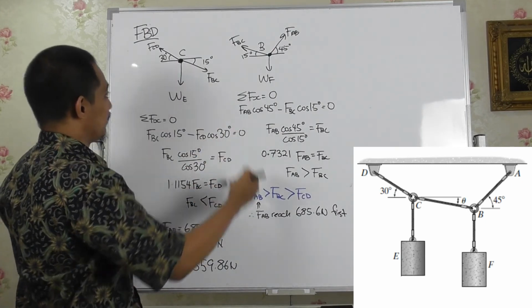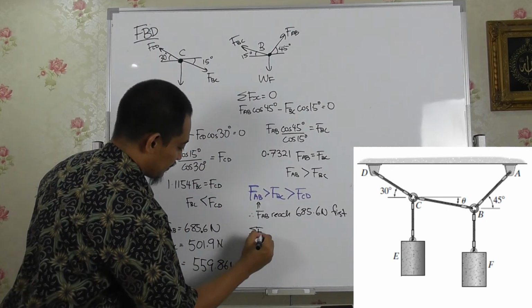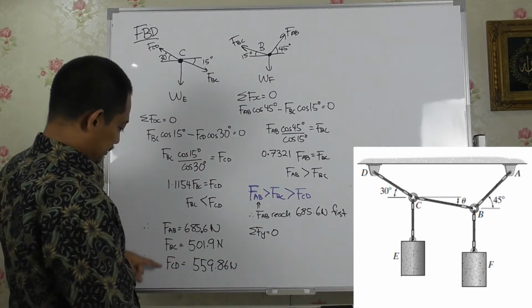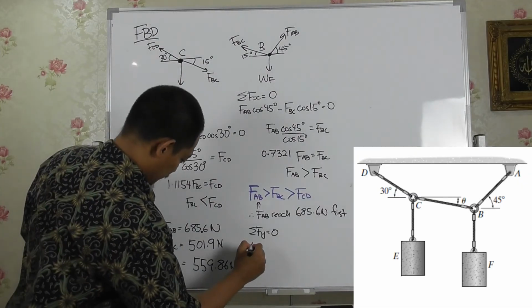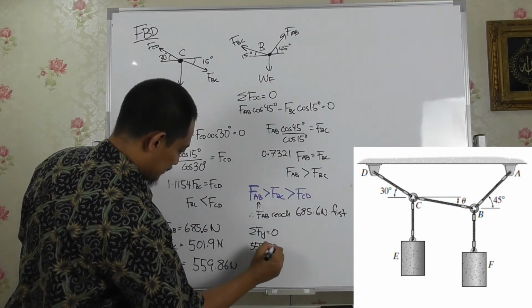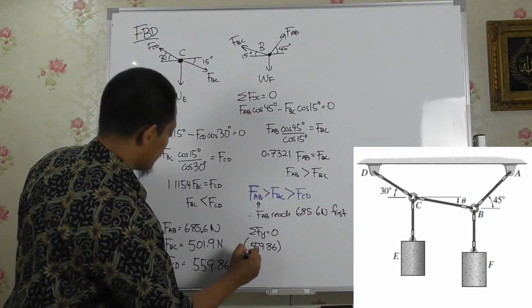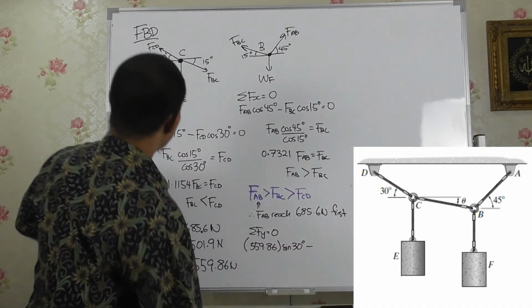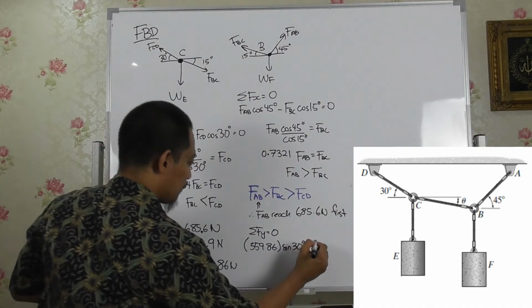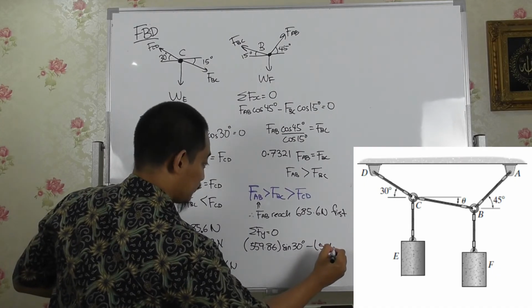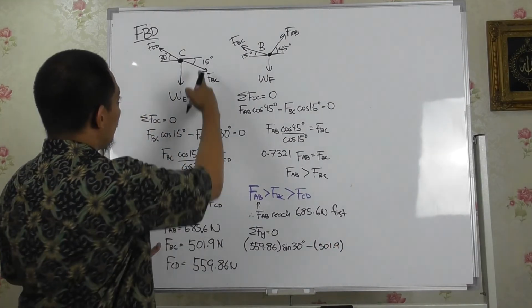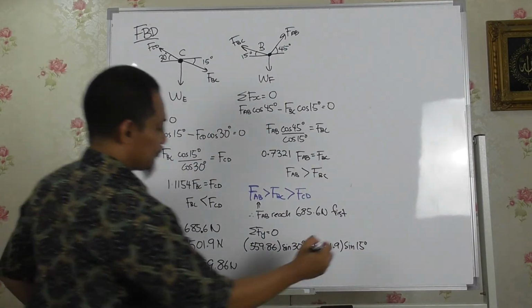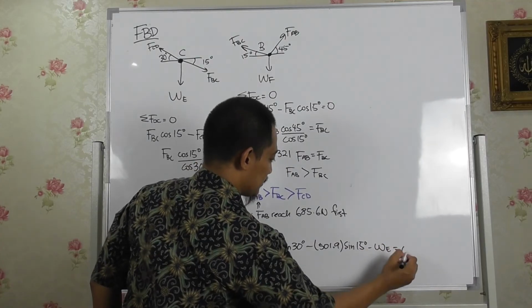Based on the FBD of C, summation of Fy equal to 0, you will get FCD, which is this one, 559.86 sine 30, and then minus FBC, which is this one, 501.9 sine 15, and then minus WE equal to 0.